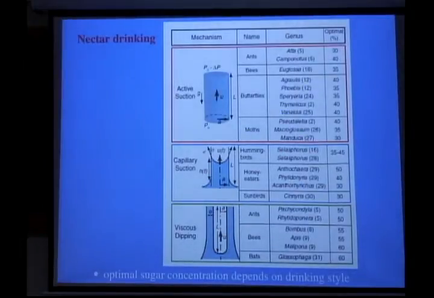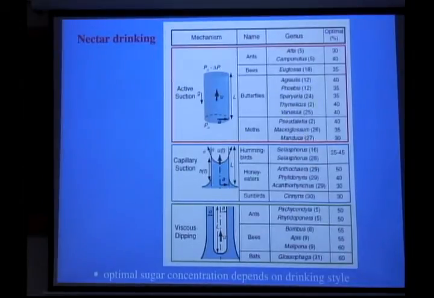So, there's a huge volume of data in the biology literature indicating the dependence where they basically take, say, a bee, and put the bee in front of a dish of nectar, and measure how much it drinks in a given time.